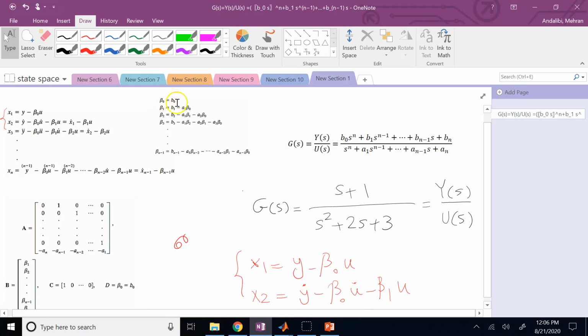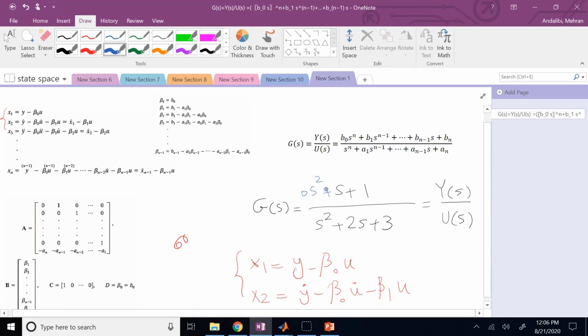Beta naught is b naught, and b naught is the coefficient of the highest term with the same order as the highest term in the denominator. Here, if you have s squared in the denominator, do you have s squared in the numerator? No. So actually, you can write the numerator as 0 times s squared plus 1 times s plus 1.